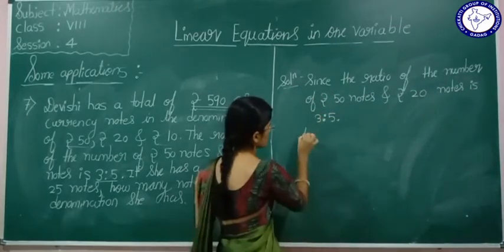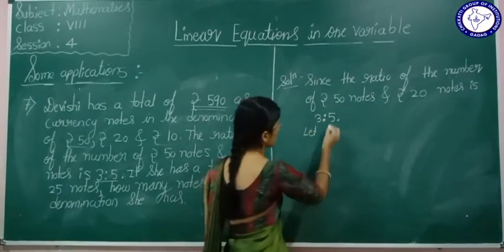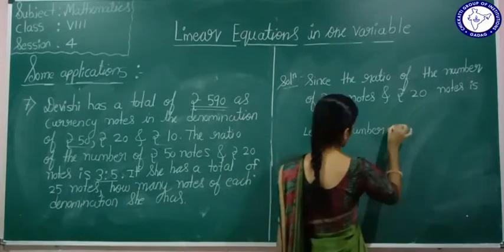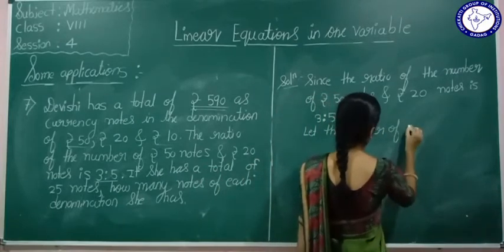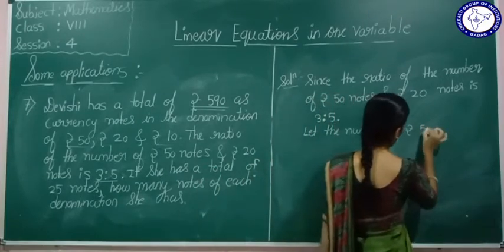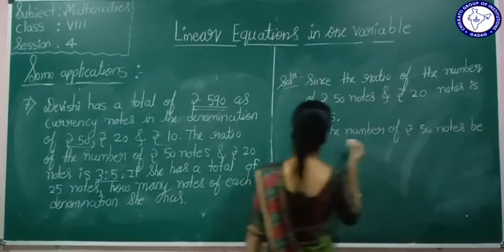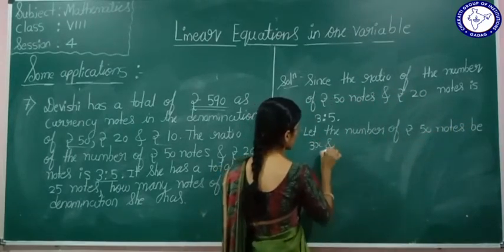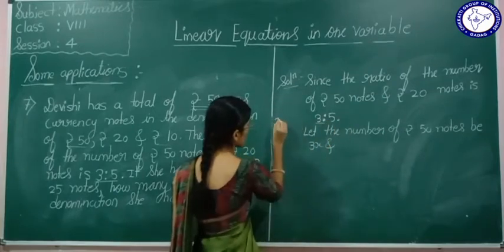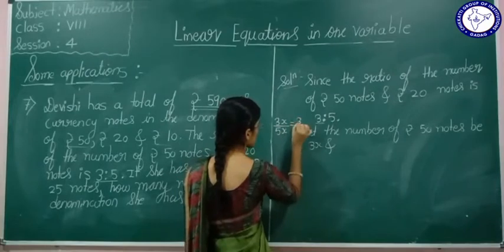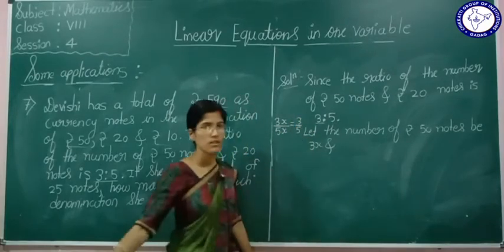Okay, see, let the number of rupees 50 notes be 3x. See here students, 3x by 5x is the same as 3 by 5. You know this, right?